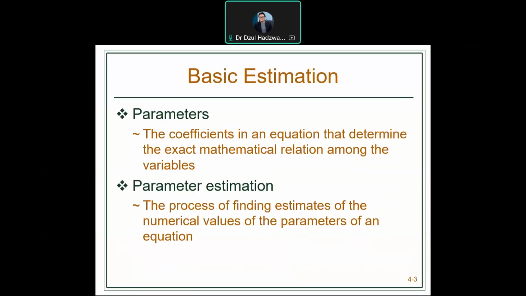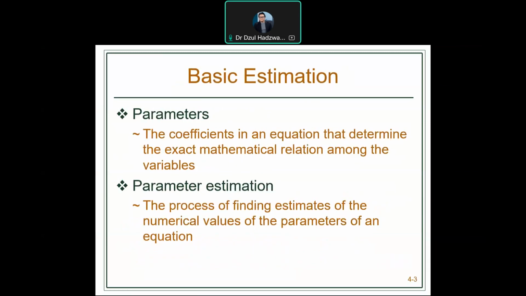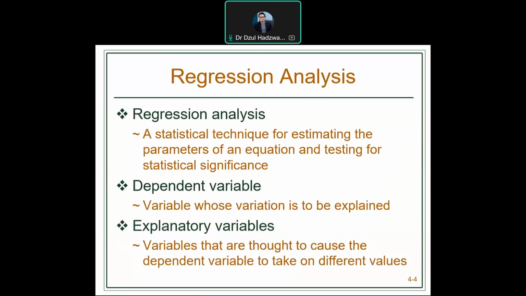Okay, so the parameter here actually is a number, and we can calculate the parameter using simple mathematical techniques that I believe you have learned in statistics. And when we talk about the parameter or the coefficient, it's very close to the technique of regression analysis.